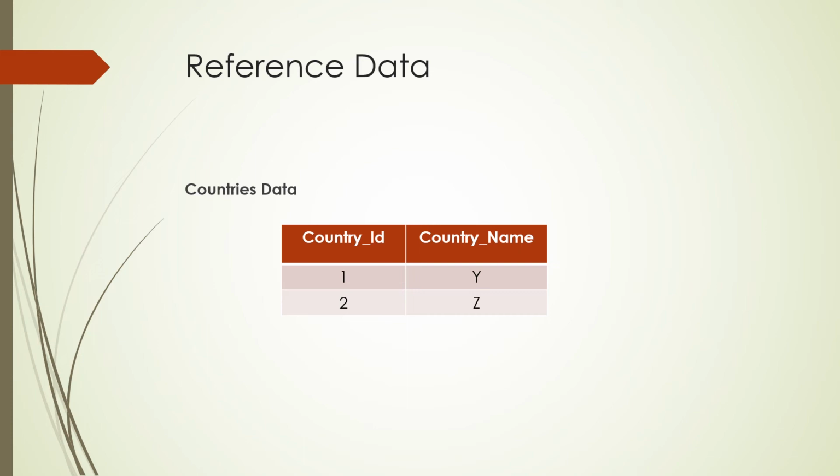Taking an example of reference data, I would like to take you back to our discussion: what is the reference data? I would like to explain this to you further and in detail. So let's take an example of a library. You go to a library and you are looking for a book.